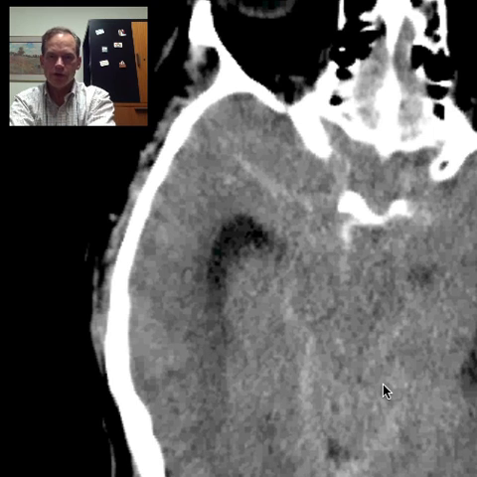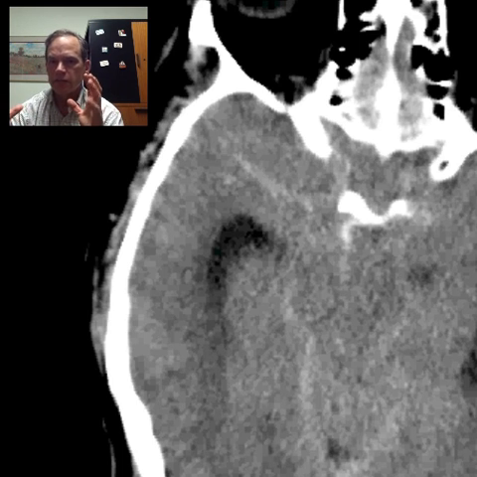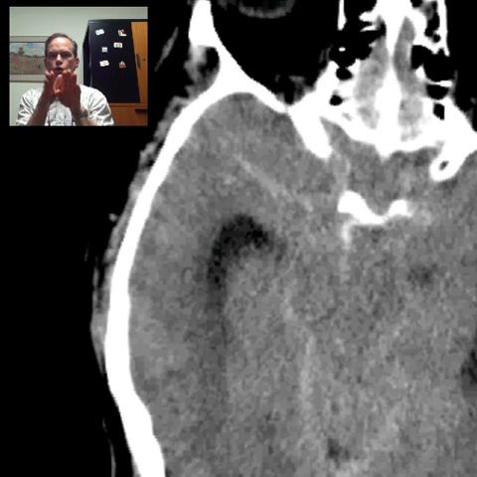What's poking up through here? Cerebellum. So most times we see herniation, it's downward herniation, where an event has taken place in the hemispheres, supratentorial compartment up here, and it pushes things down.